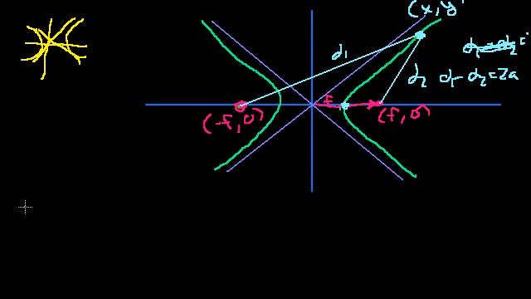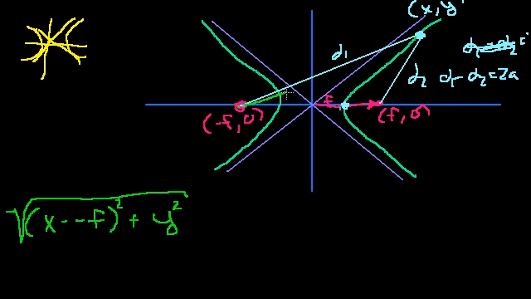We just use the distance formula, which is really just the Pythagorean theorem. So it's the x distance, x minus minus f, squared, plus the y distance, y minus 0, which is just y squared. Take the square root of that. So that's d1 right there.